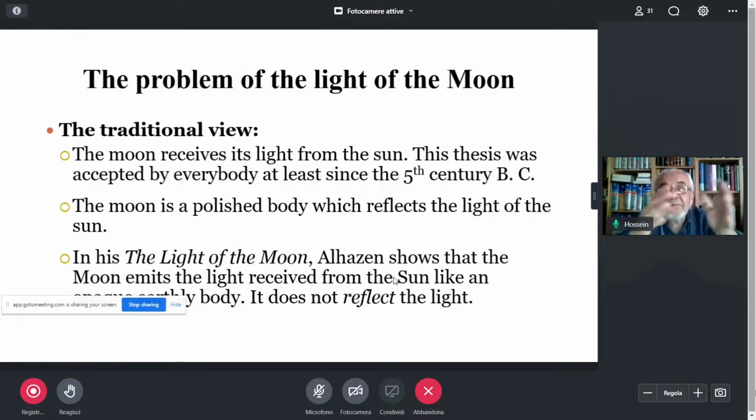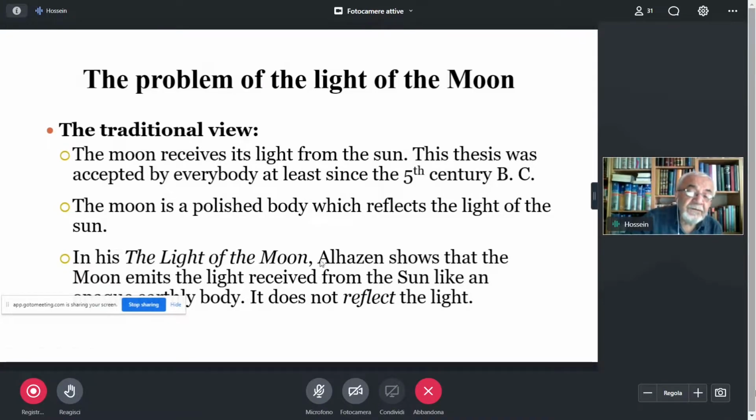And this thesis is found everywhere, even in philosophical, astronomical, and optical writings. The second thesis, which was also accepted by almost everyone, was that the moon is a polished body which reflects the light of the sun. That is, the moon is something of a celestial mirror.